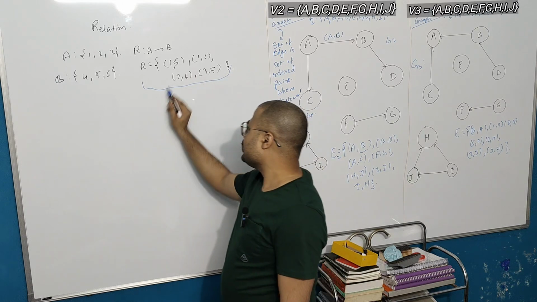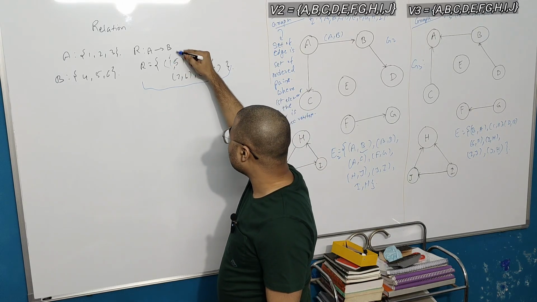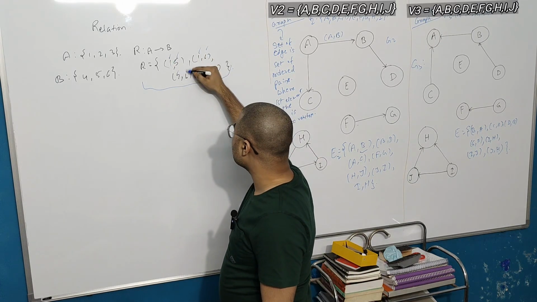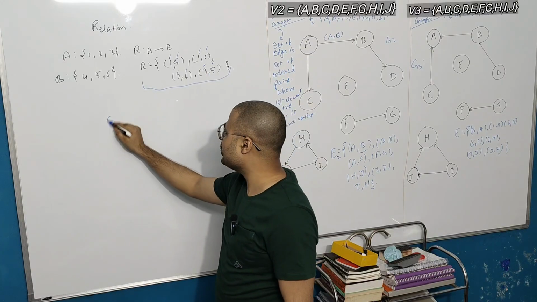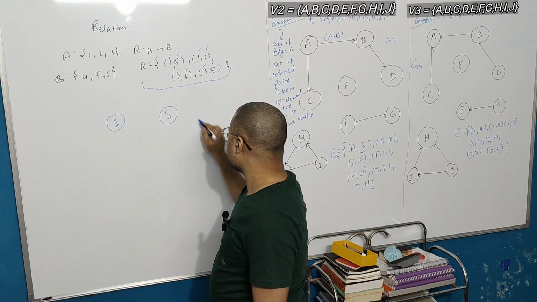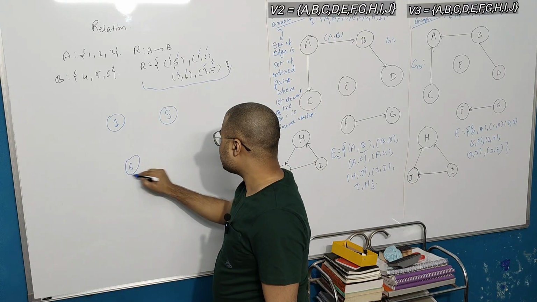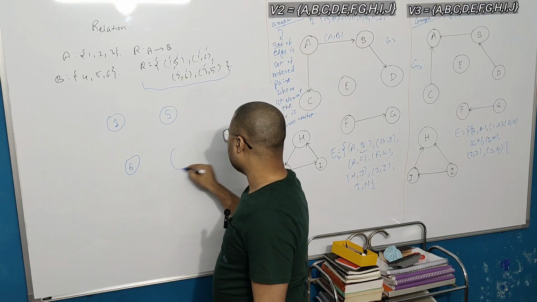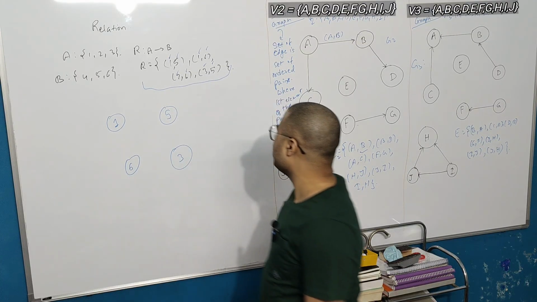So if this is a set of edges, then you know that the vertices are 1, 5, 6, 3, 2.